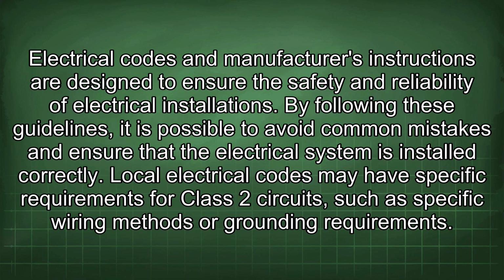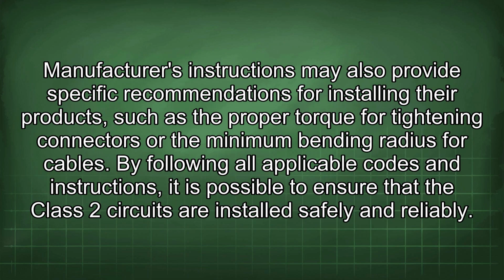Local electrical codes may have specific requirements for Class 2 circuits, such as specific wiring methods or grounding requirements. Manufacturers' instructions may also provide specific recommendations for installing their products, such as the proper torque for tightening connectors or the minimum bending radius for cables.